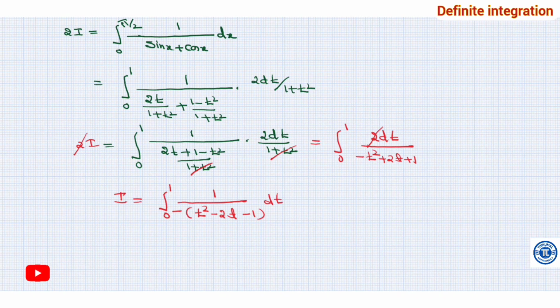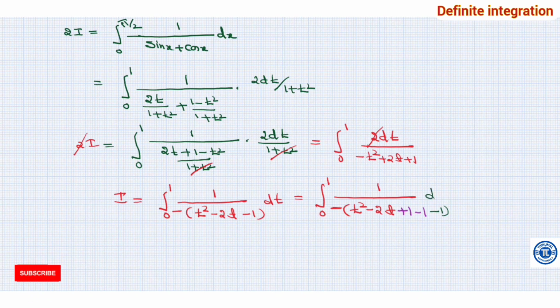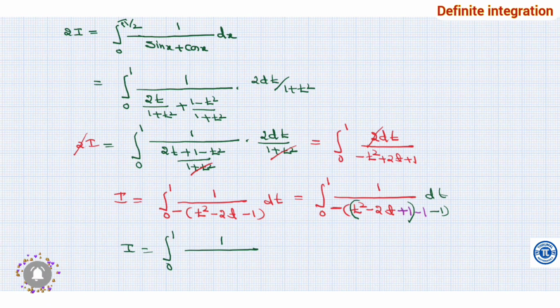Add here plus 1 minus 1. So I equals integration 0 to 1 of 1 by minus of [t square minus 2t plus 1 minus 1 minus 1], where t square minus 2t plus 1 is equal to (t minus 1) whole square.